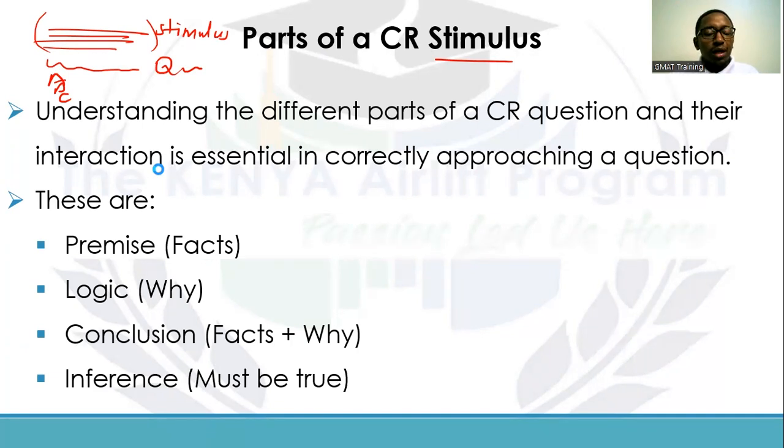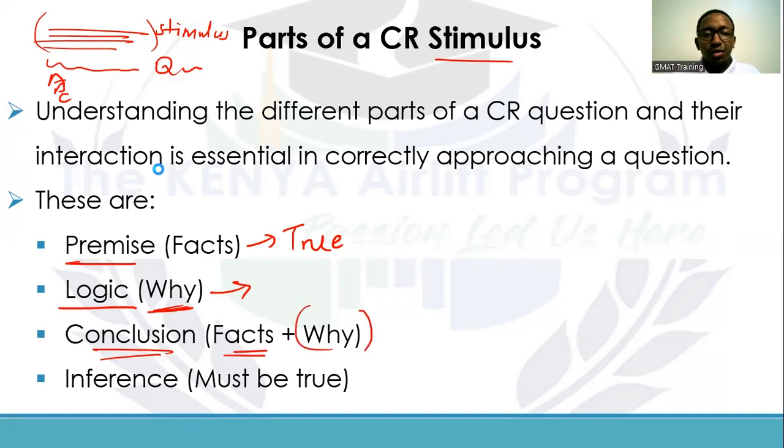So we have the premise, which is facts. These are a number of facts that you are given, which we assume are true. So we take these as facts, and then using these facts, you have the logic. This is the why, and the logic is used to draw a conclusion. So the conclusion combines the facts and a reason why you can conclude the way you did.